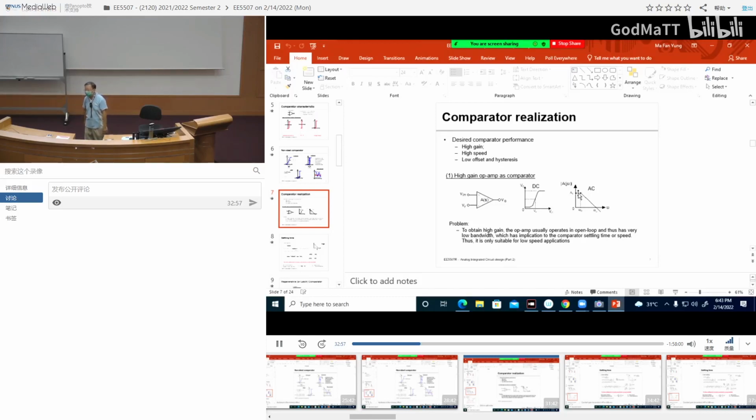The smaller the bandwidth or the pole frequency, the longer the settling time. So this means that in this case the comparator speed is limited. You can use an op-amp as a comparator, but only for very low speed applications.